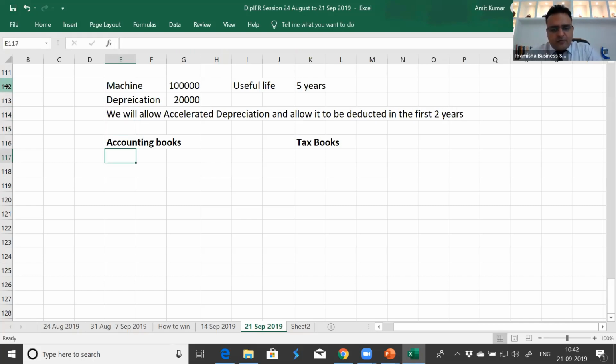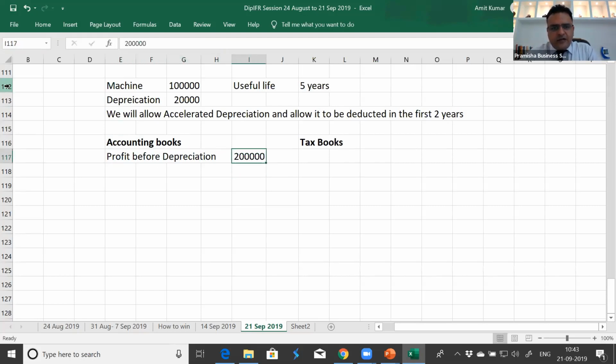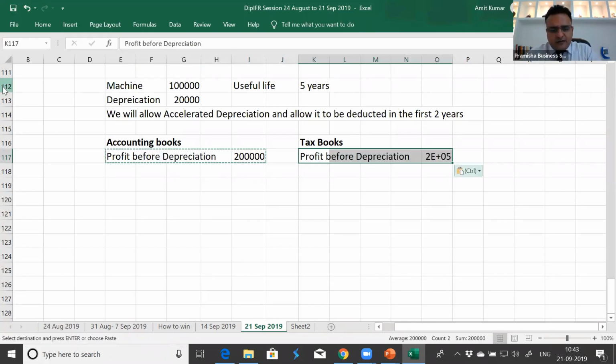So assume that profit before depreciation is 2 lakhs, and I'm assuming this is the same for tax books. Just for the sake of ease, I'm assuming that this is the same for tax books.